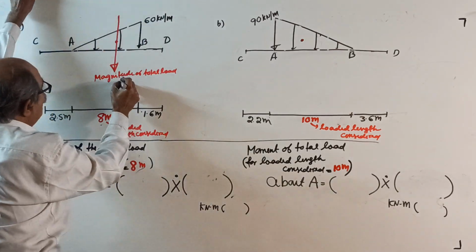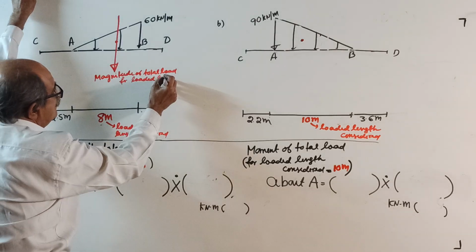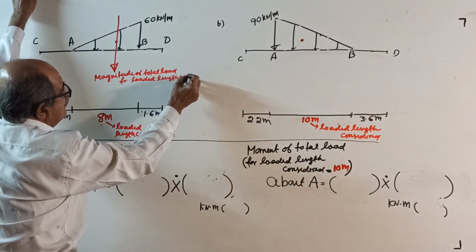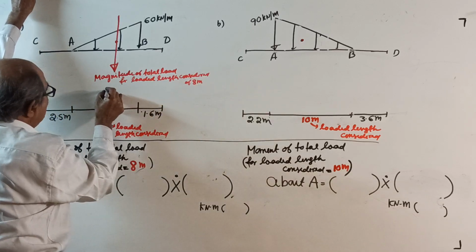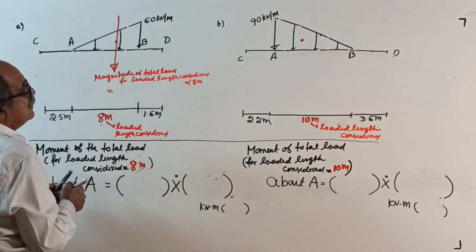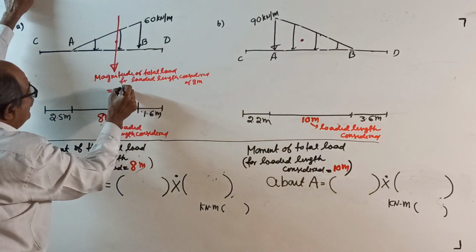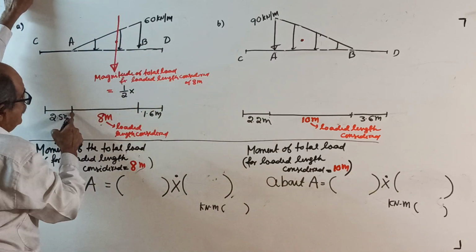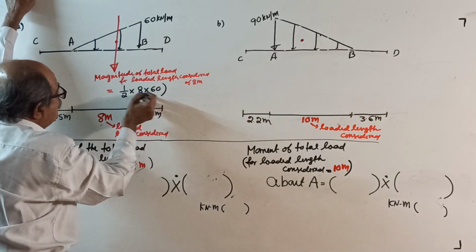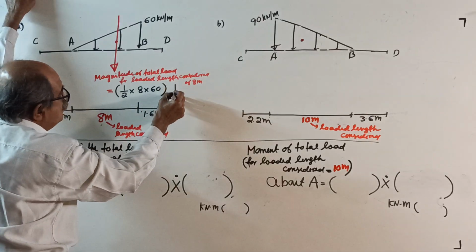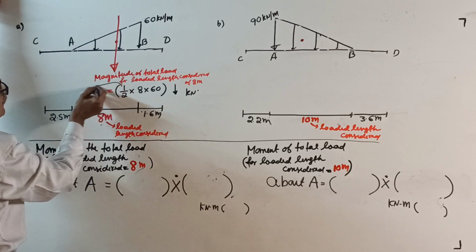Total load for loaded length considered of 8 meter equal to, see how I told, is given by the area of the triangle, half into 8 into 60. When you finish, put a bracket here. Direction is down. Kilonewton, if you want, write here.